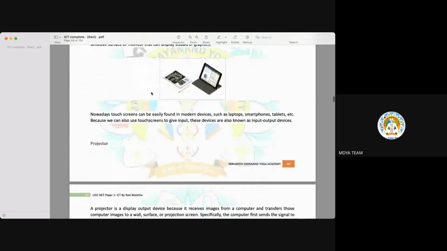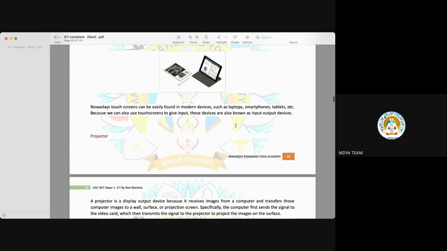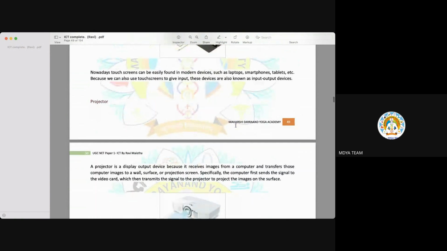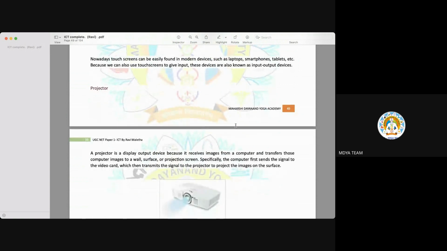They are easily found in modern devices such as our laptops, smartphones, tablets. They are used as an output device because everything is displayed on that screen. We can use this touch screen to give input and then to receive the output. So they are both input and output devices.